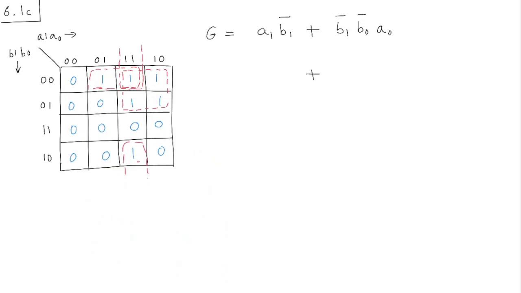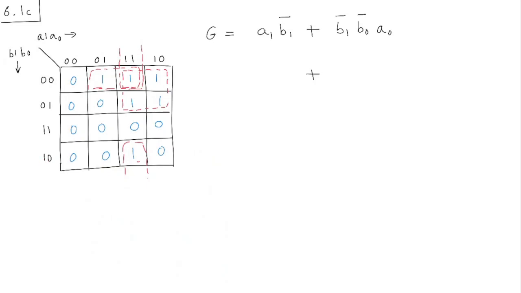Okay, and the last term is going to be the term corresponding to this group, this one and this one. Now let's take a look at these two. A1 and A0 take the values 1, 1, right? And B0 takes the value of 0, and B1 takes value 0 and 1. So B1 is eliminated because it's taking 0 and 1 both.